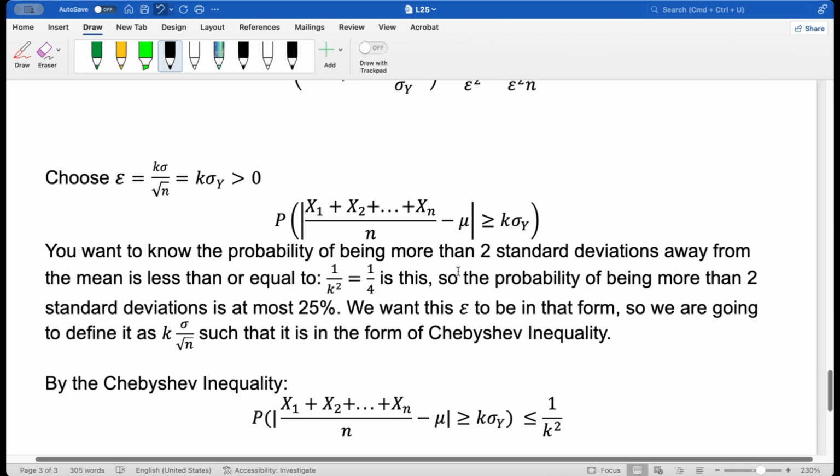So it's at most 25%. Now we want this epsilon to be in that format, so we're defining it to be k times sigma over root n, or k times sigma y, so it fits the form.